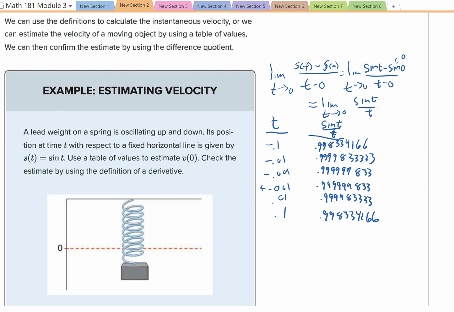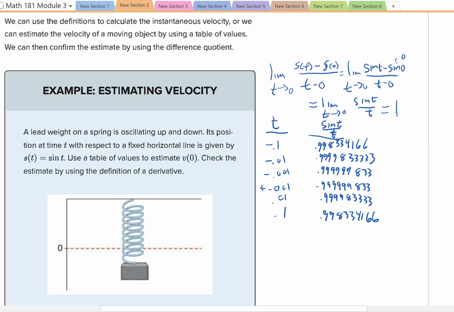looking at the table of values, or looking at a table like this. So I have my t's going from negative 0.1, negative 0.01, negative 0.001, so on the left side of the given value, and then on the right side as well, 0.1, 0.01, 0.001. And if you notice these values, they are of course symmetrical, but they are approaching what value? I hope you're all yelling at the top of your voices, it's approaching 1.